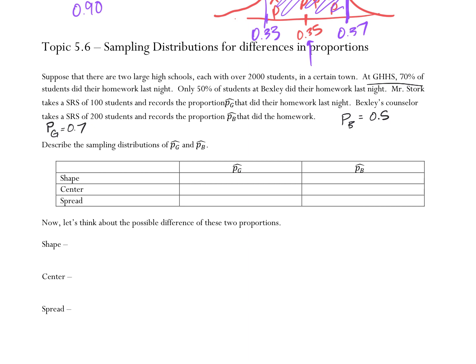Then Mr. Stork is going to take a sample of 100 students from Grandview, so the N for Grandview equals 100. And the N for Bexley would be 200.